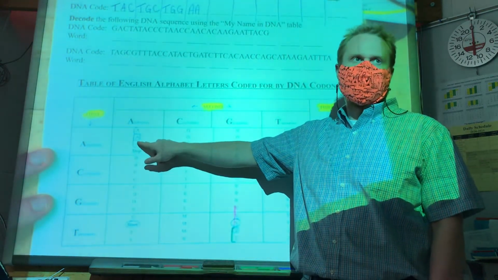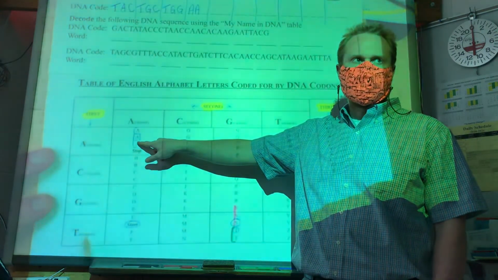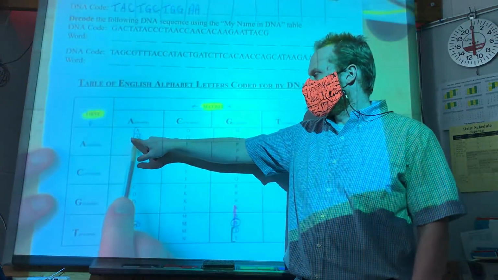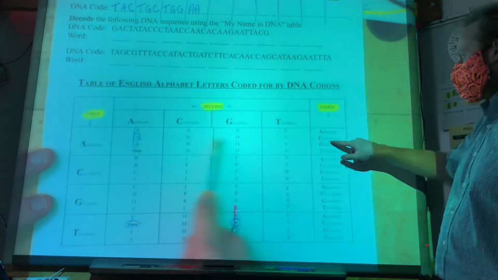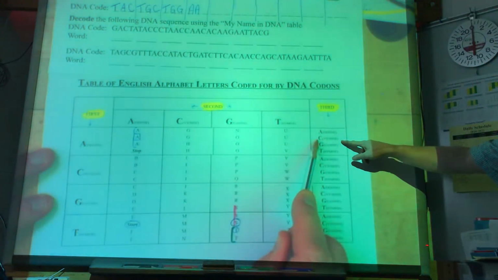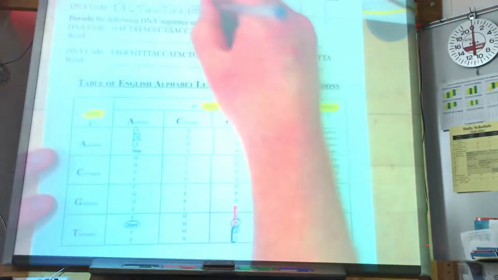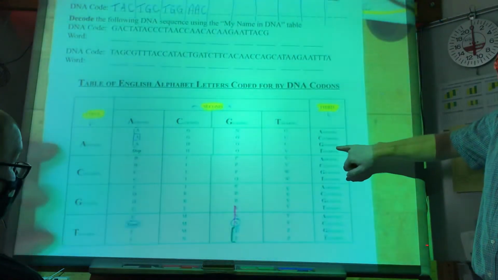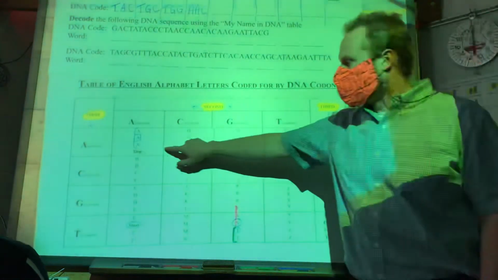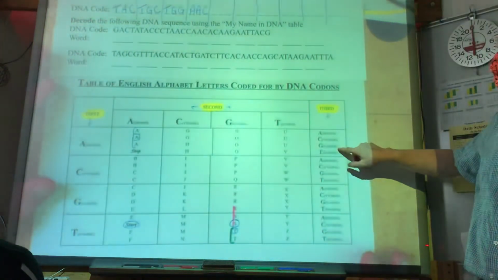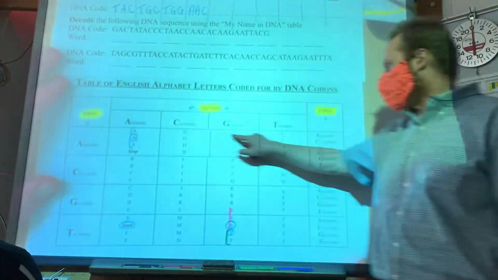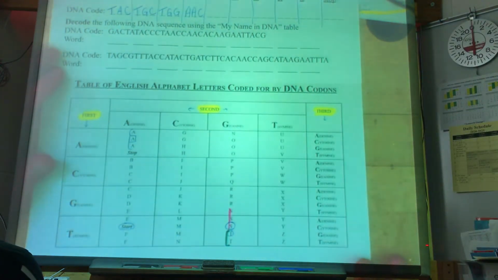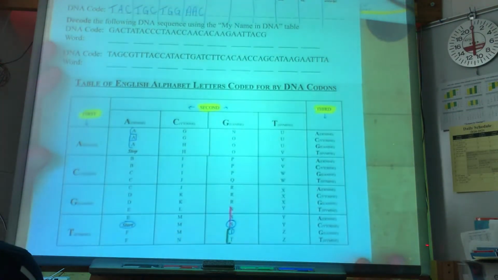Sure. Could you code for the bottom one? Sure. They're all going to code for the letter A. But if we go for that middle one, then the third letter would have to be a C. Oh, it looks like a G from what you were saying. Yeah, up on the screen it's kind of hard to see. But if it had been the third one, then it could have been AAG. If we had picked the top one, then it would have been AAA. There are different choices that all code for the same thing. Just keep that in mind.